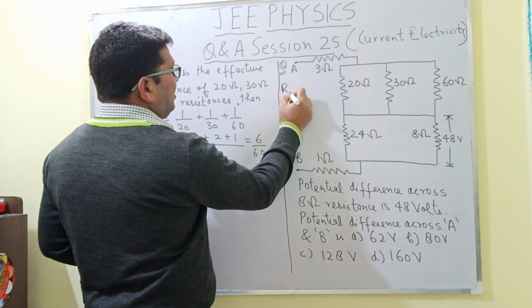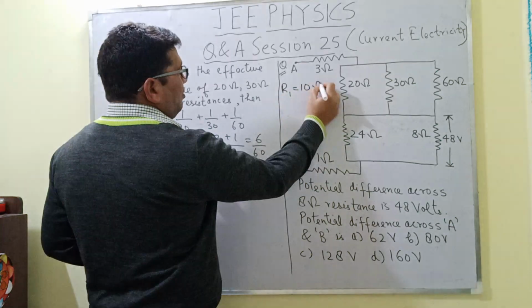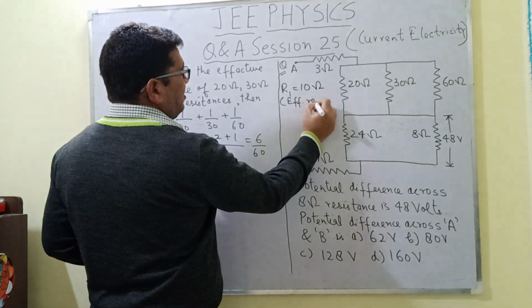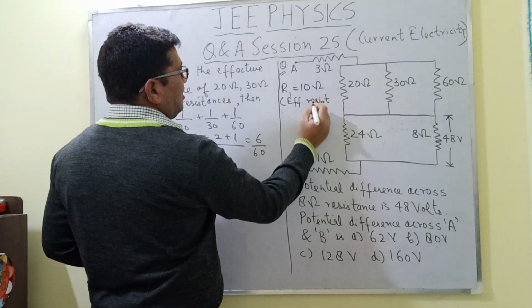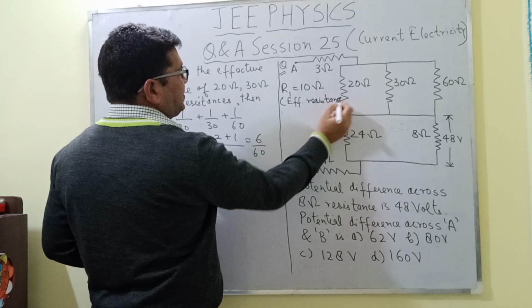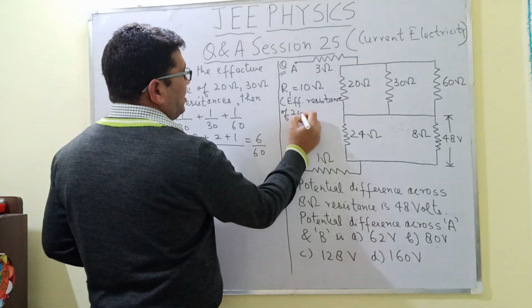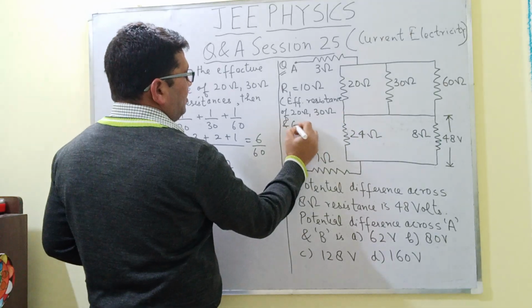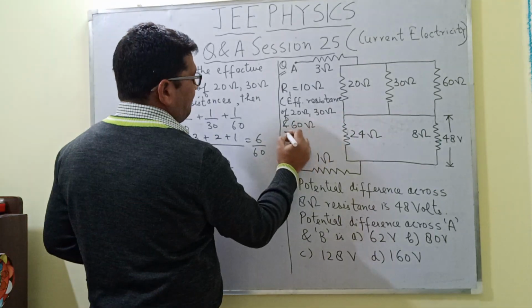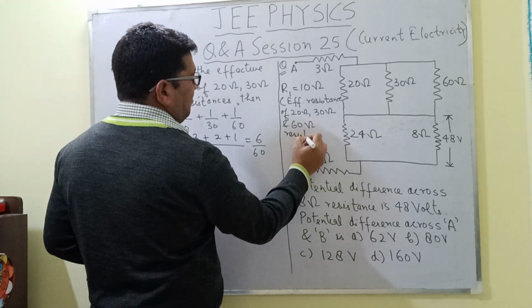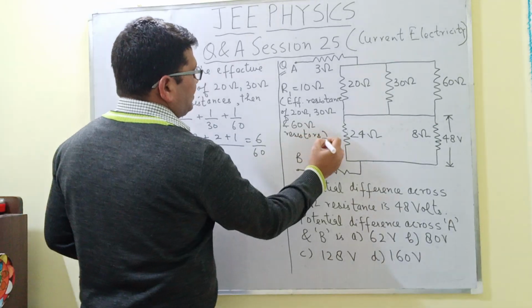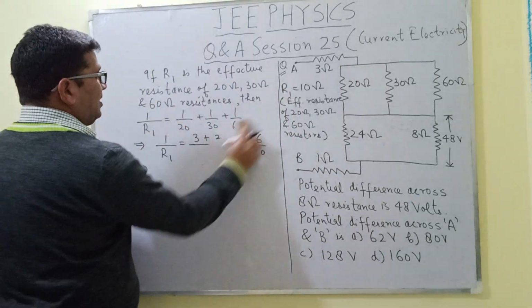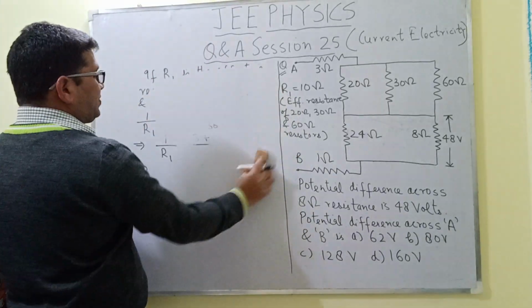That is, R1 is equal to 10 ohms, and this is the effective resistance of 20 ohm, 30 ohm, and 60 ohm resistors.